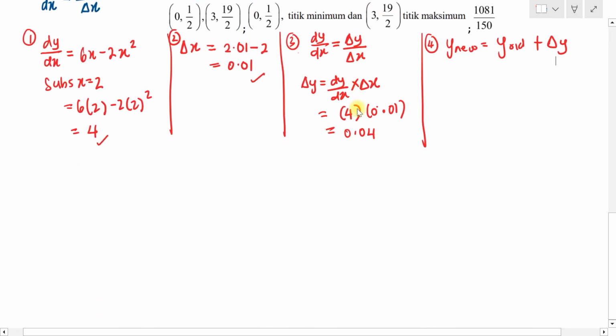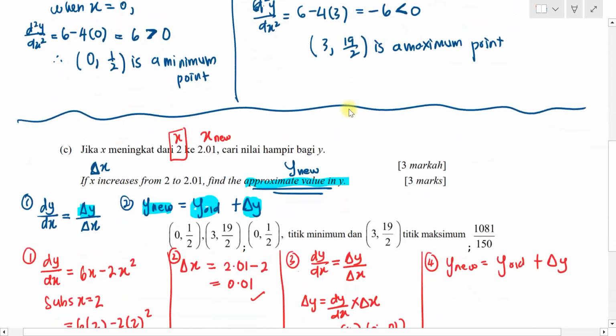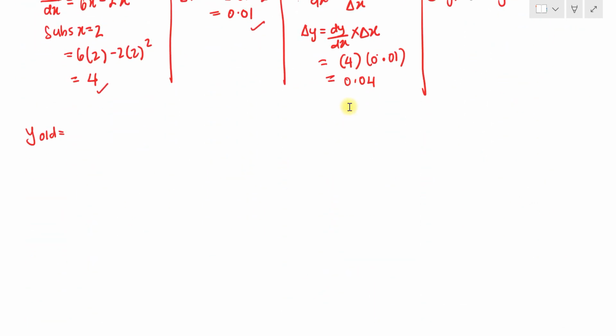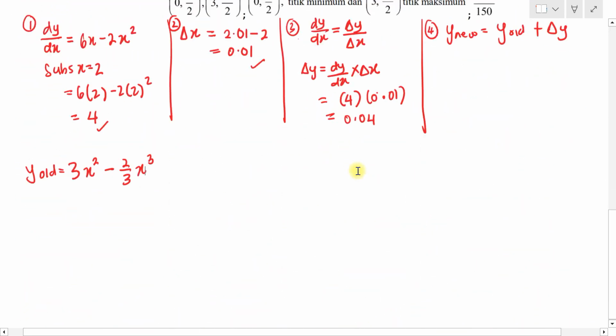Okay, y old is 3x square minus 2 over 3x cube plus 1 over 2.